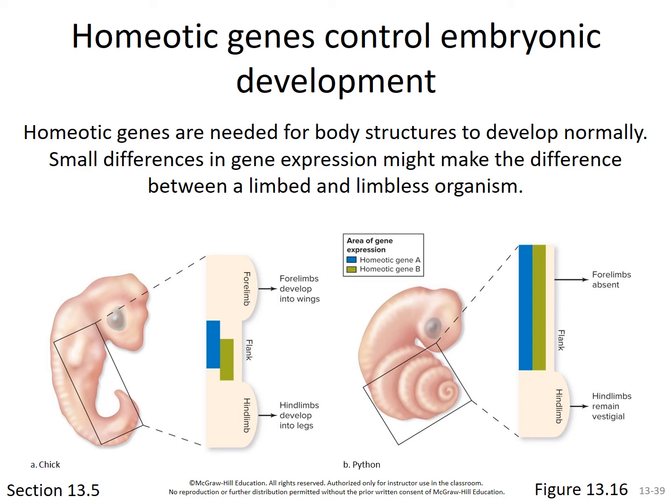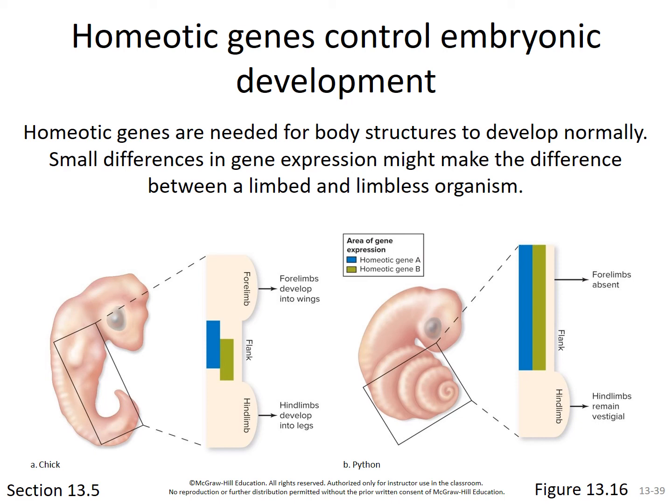And you can see that you have these genes expressed in different locations. To be honest with you, I read about it when I was in grad school. I looked at a few articles on snake evolution, and sometimes the genes are entirely absent, and sometimes they're expressed over a much shorter period of time or in a much smaller location. And so this is how you get a difference between a limbed and a limbless organism.